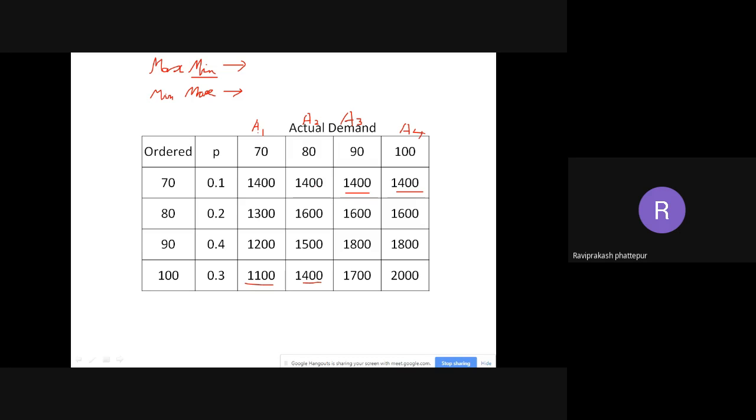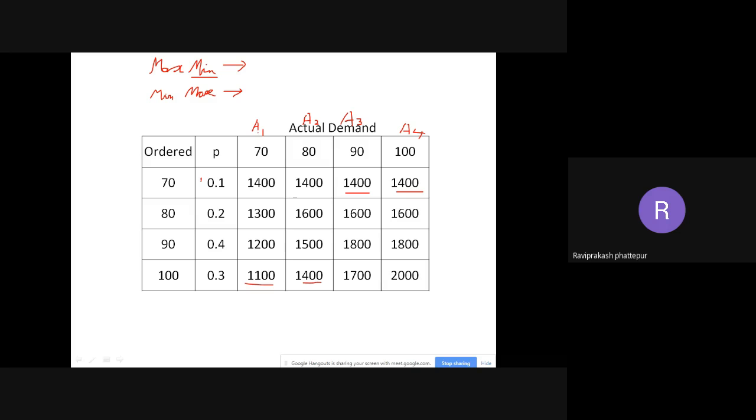If you're not getting it, at least ask me, I'll tell you the answer. So the numbers are similar, right?